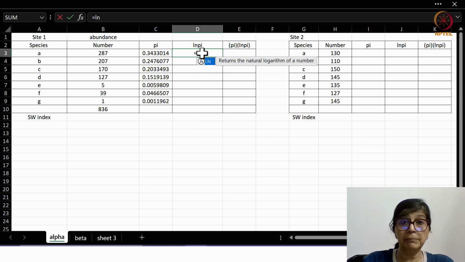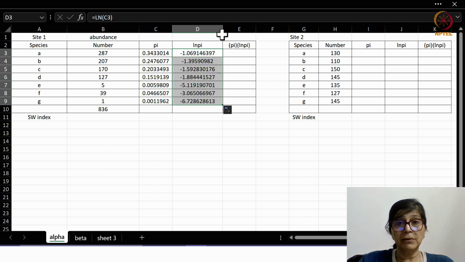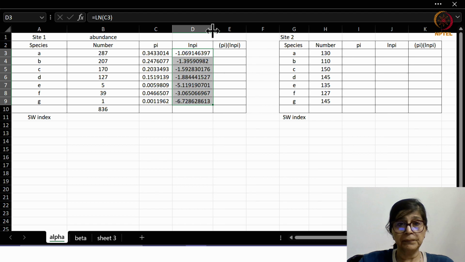Of course, if you type just log, you will get different values. But the formula says ln, so we are going to go with the formula and do ln of the number, because it is ln pi, right? So we'll select that. And of course, as you know, all the log values will be negative. So you can actually get this number.